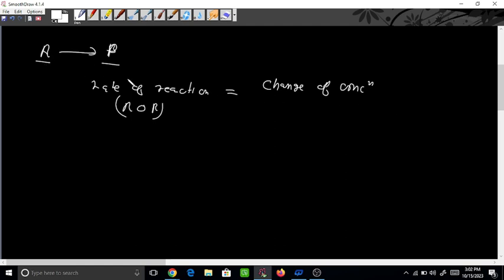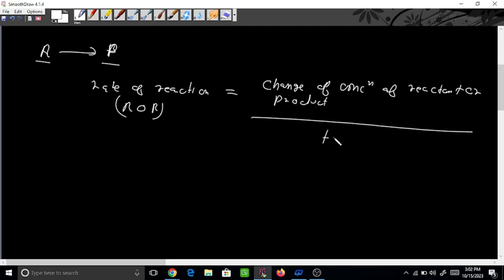So it doesn't mean only reactant or only product. It is the rate of change of concentration of reactant or product, both, with respect to time, that is, per unit time. That we will call the rate of the reaction. So we will deal with concentration terms only.